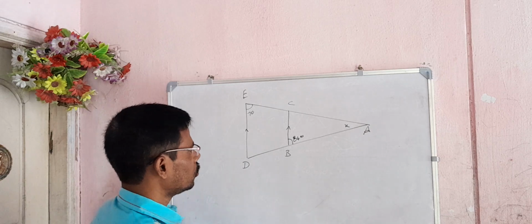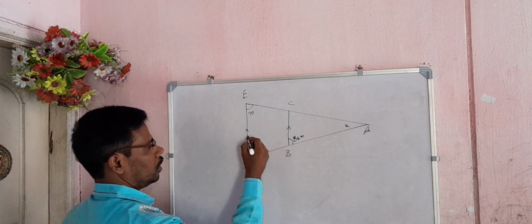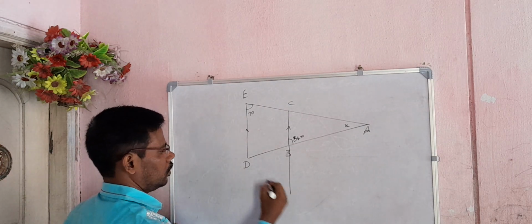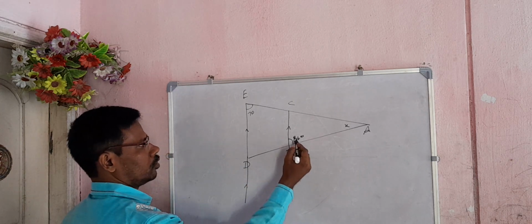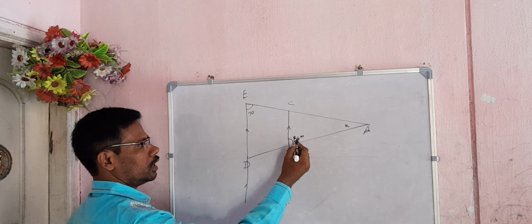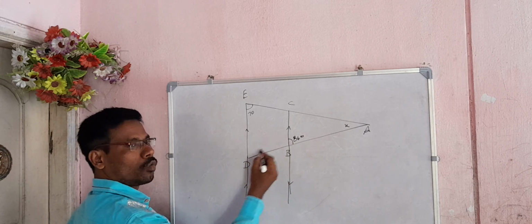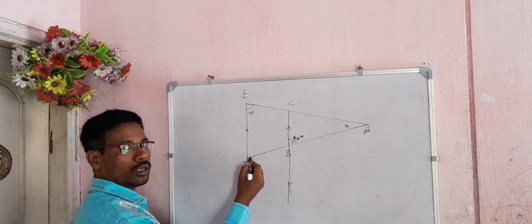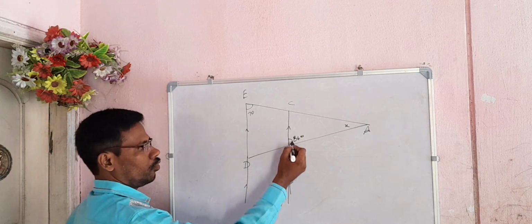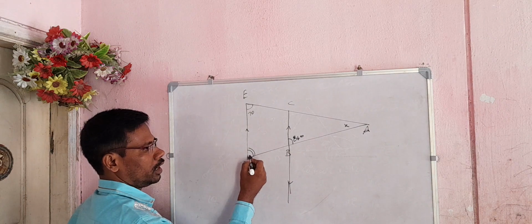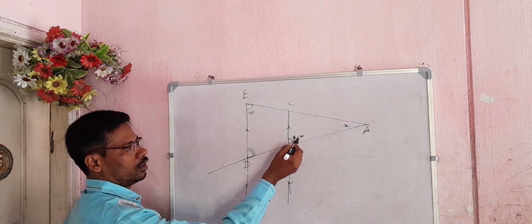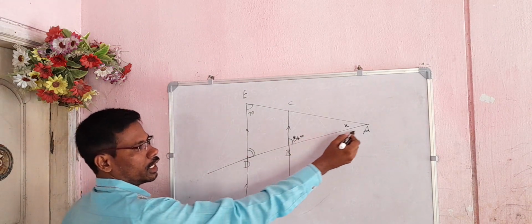That's it. So, if this is 84 and these two lines are parallel, just extend it. Imagine. One is an exterior angle and one is an interior angle, corresponding angles, and they are lying on the same side of the transversal.